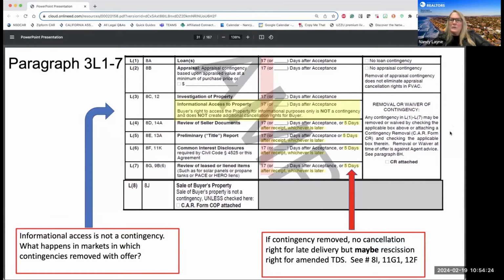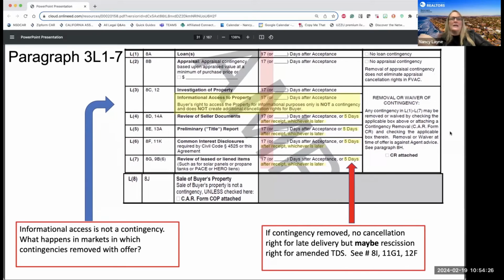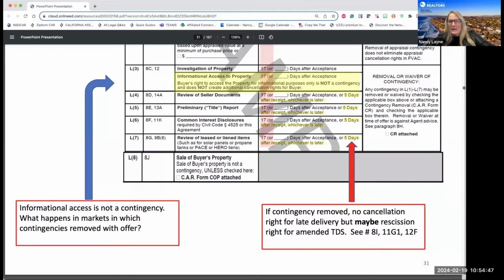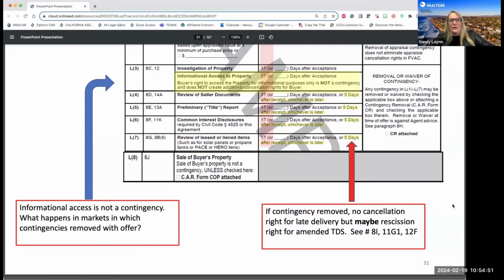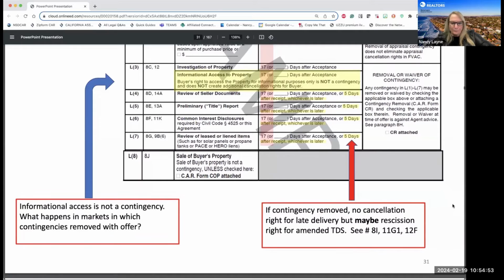And that's usually because they have a decorator, they want to measure for curtains, they want to see what the appliances are, that kind of stuff. That does not mean that they get to then create another contingency or create a problem or anything like that. They have the right for access to the property for informational purposes. But again, they cannot withhold that just because they've removed their other contingencies.